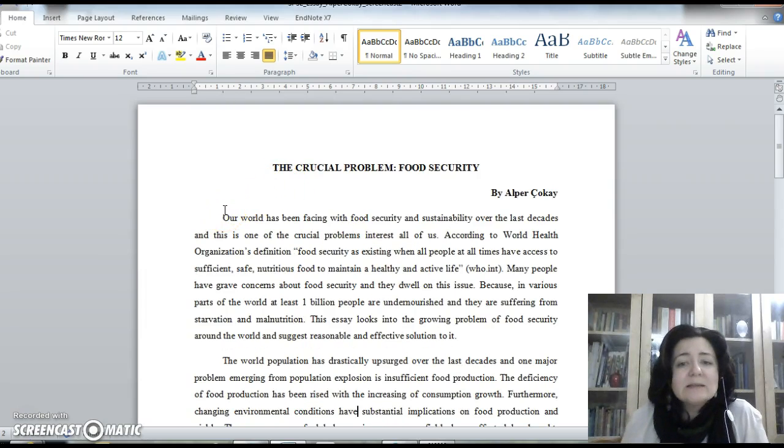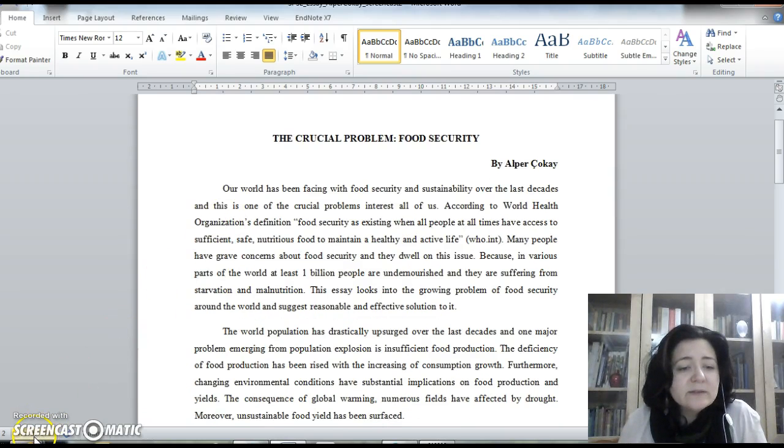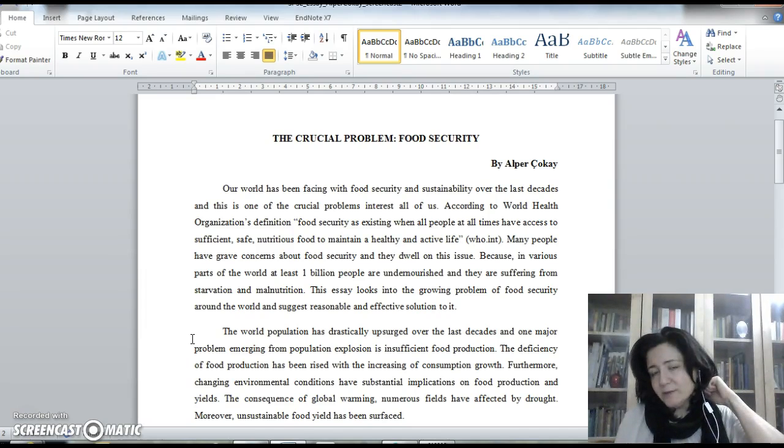You will be asked to write a 500-word essay, and as you may see here, this essay is a 378-word essay. So please, while identifying the main components of the text, keep in mind that you will be asked to write a better developed essay. This essay was assigned as a 350-word essay, but you will be assigned to write a longer essay.